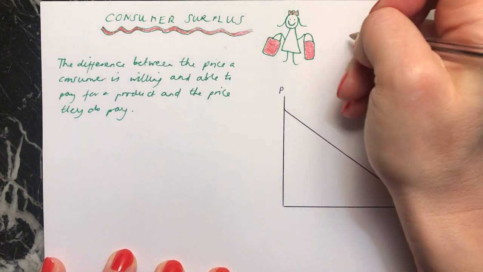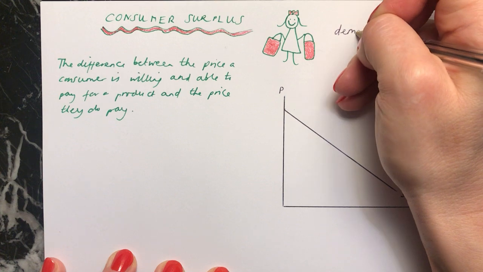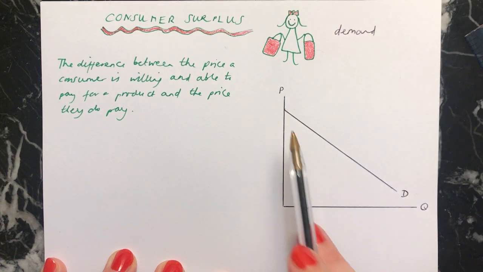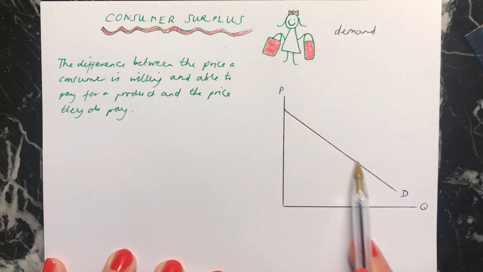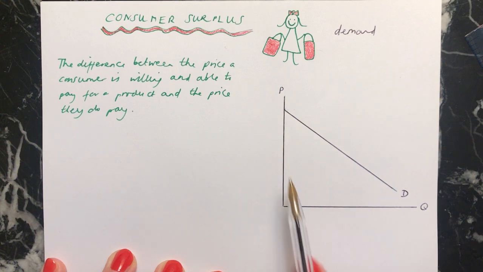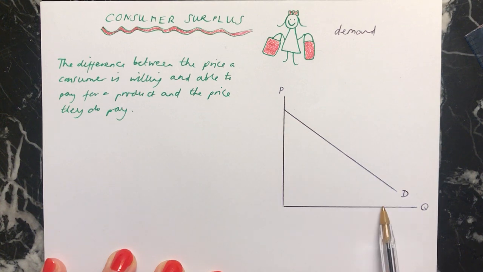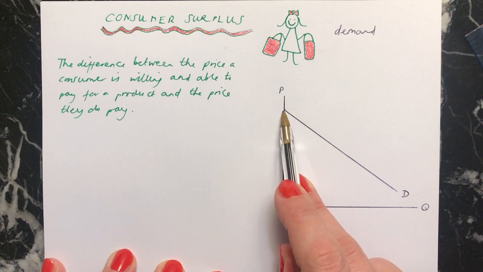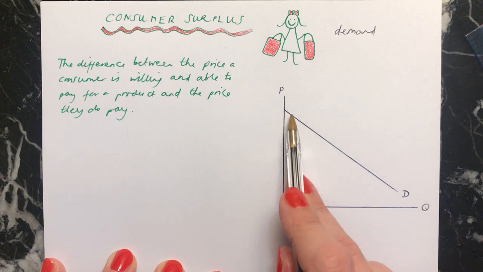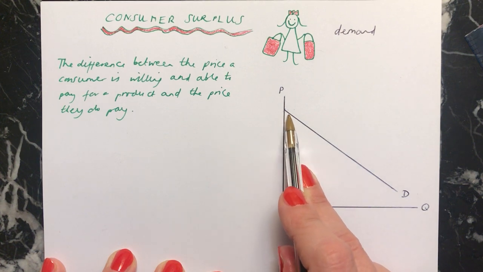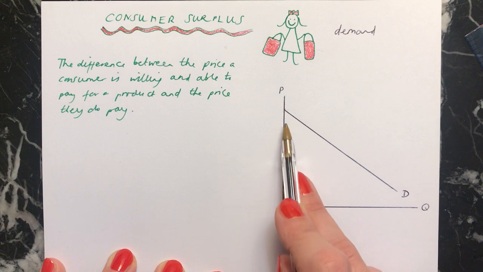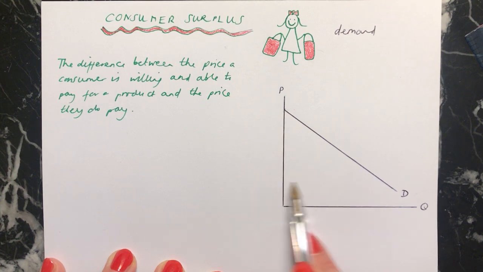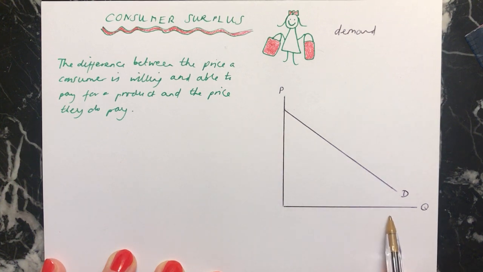And we know already consumers demand products, and this curve illustrates the price that they're willing to pay for different quantities. So the highest price that they're willing to pay is up here. And in fact, if it was right at the axis, it would be demanding nothing. But this small quantity, they're willing to pay this price for it. And then at higher quantities, lower prices.